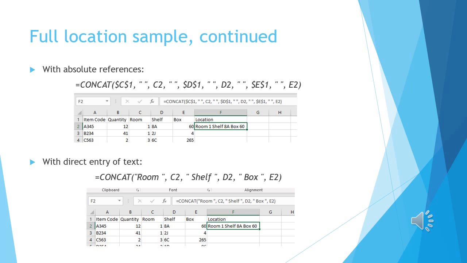Which method you use may depend on the situation. For instance, if you think you might someday want to change a label, box to container, for example, and don't want to have to retype it in the formula, using the direct reference might be a better choice.